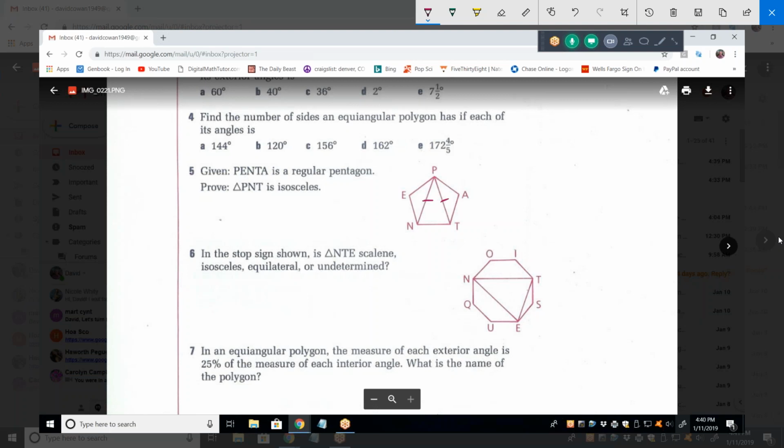Proving that angle ENT is equal to ATN. How about proving that triangle 1 is congruent to triangle 2? Okay, so if we can prove that, then we will know that those two sides are equal.